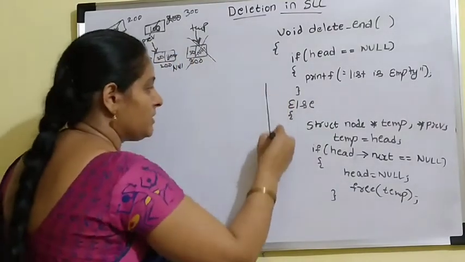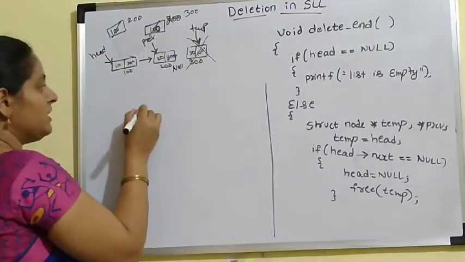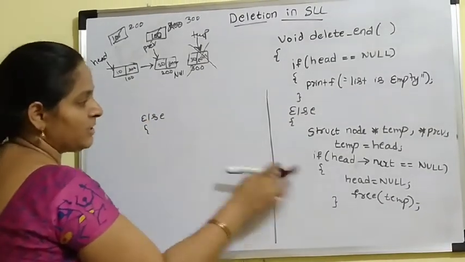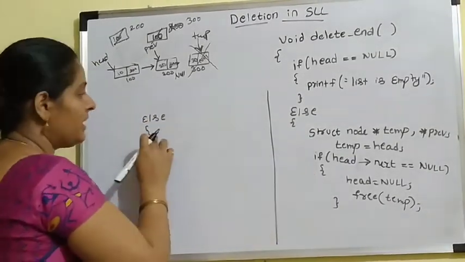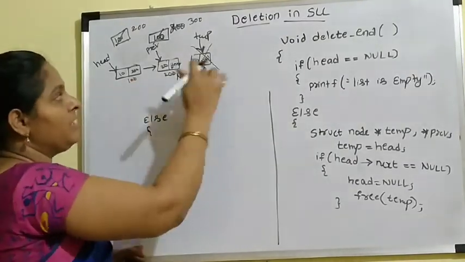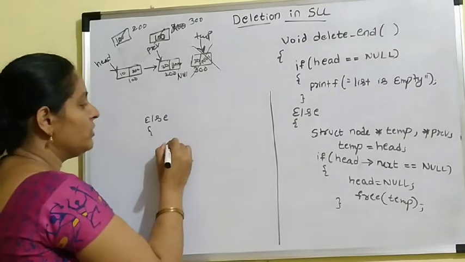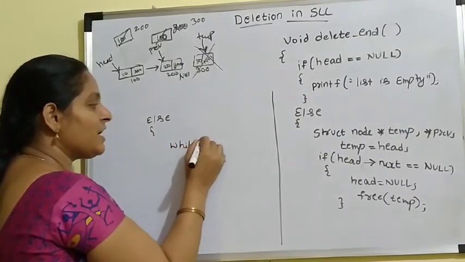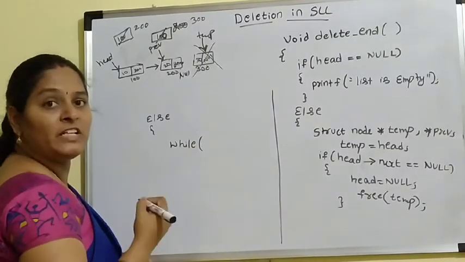Okay. So, next case, suppose your list contains multiple elements, else case. This else belongs to this if. Else means your list contains multiple elements, then what we need to do? We need to verify which is the last node in the list. How to verify which is the last node?